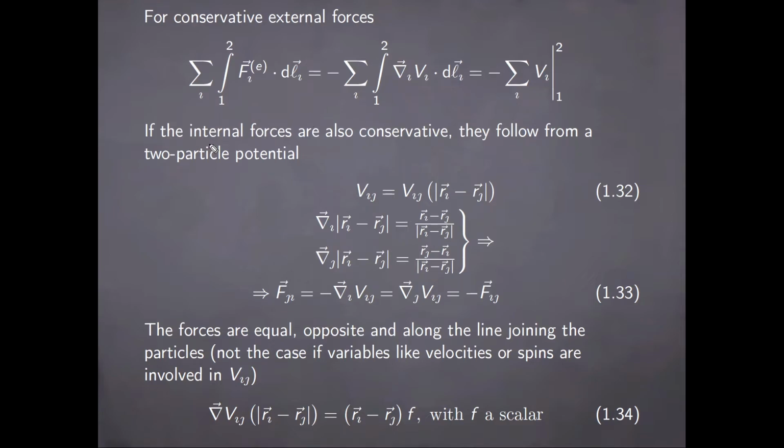If the internal forces are also conservative, they follow from a two-particle potential. So they follow from a function that for each pair of particles depends only on the relative distance between the particles.